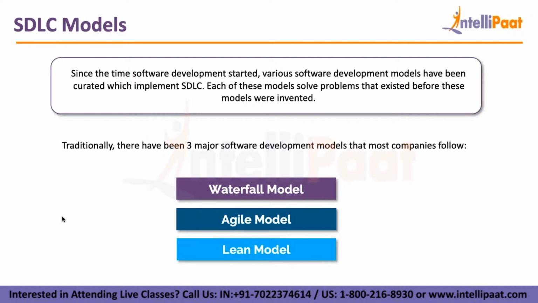So the agile model saw the disadvantages which the waterfall model was facing, and what the agile model said was, okay, I see that the software itself is taking a lot of time to develop. Let's assume you gave me 150 requirements for your application.